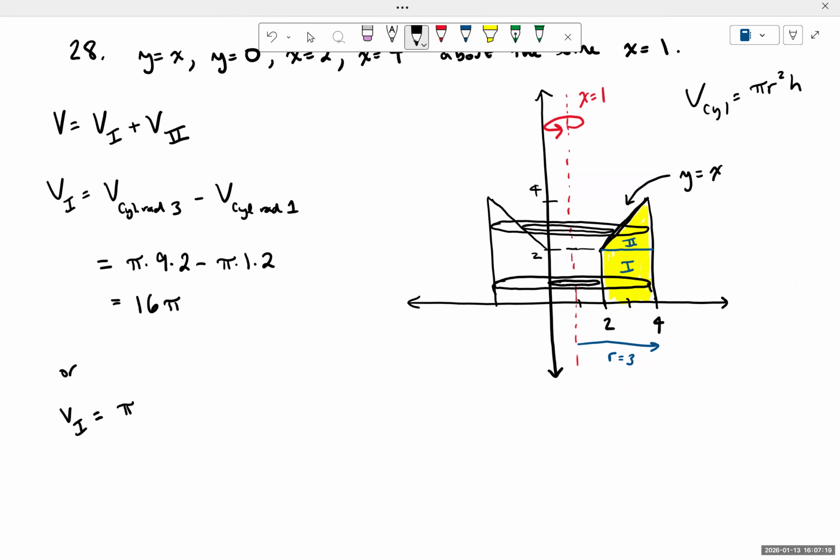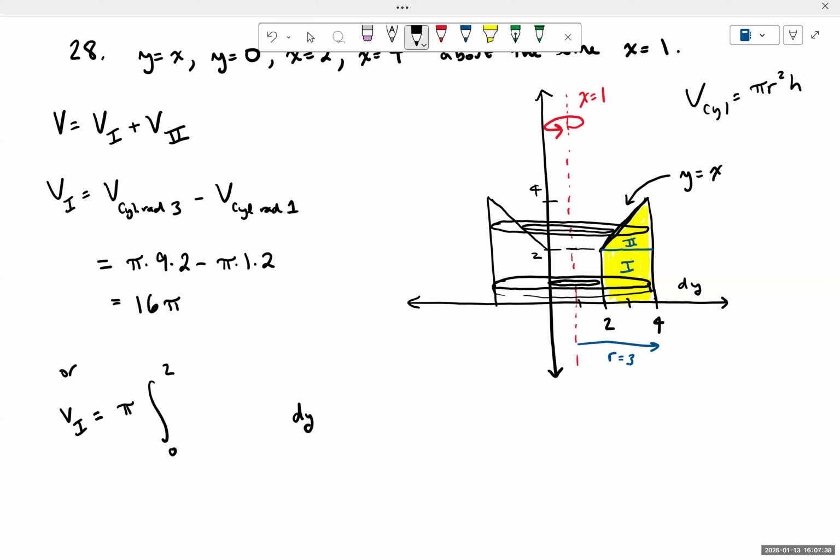Our washers have a thickness in dy. We are going with respect to y, right? Our washers are progressing up in y. So it's going to be 0 to 2 dy.